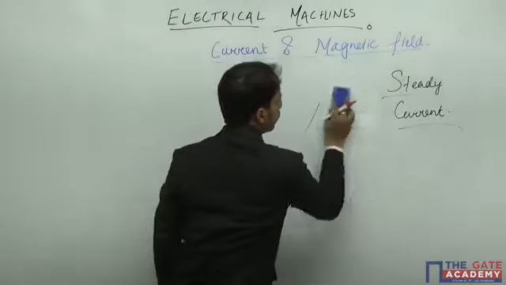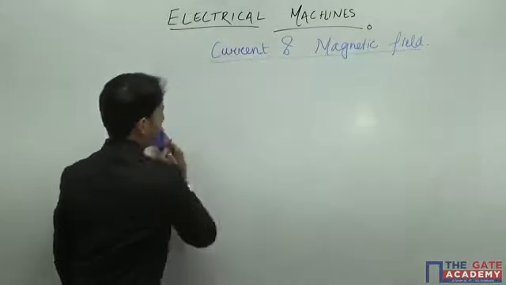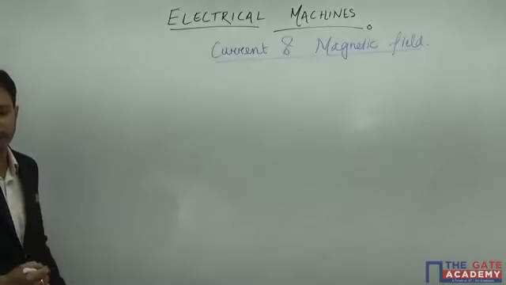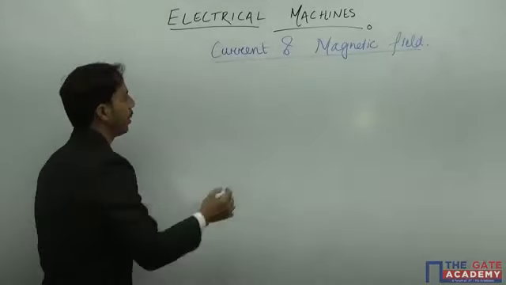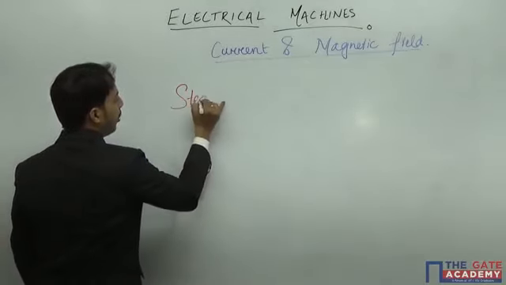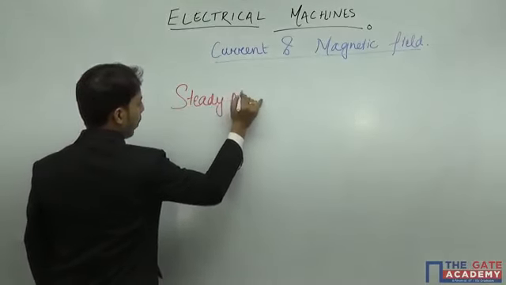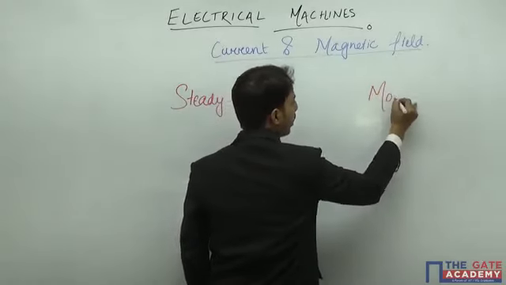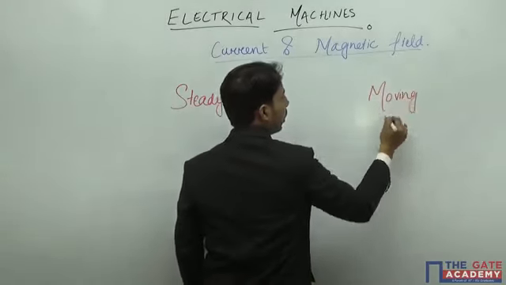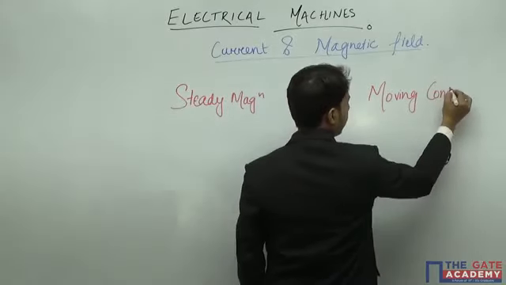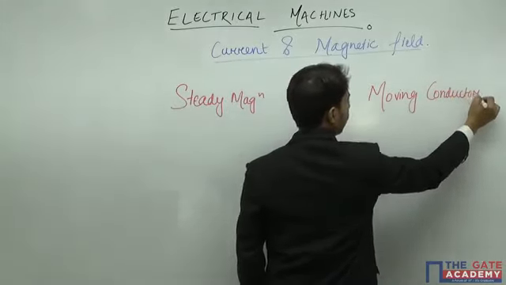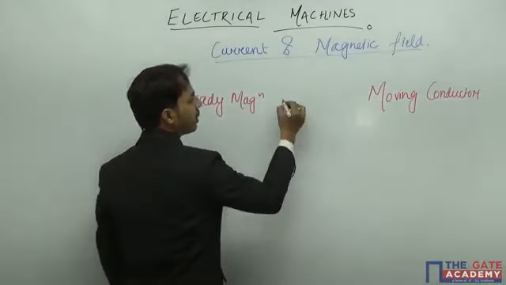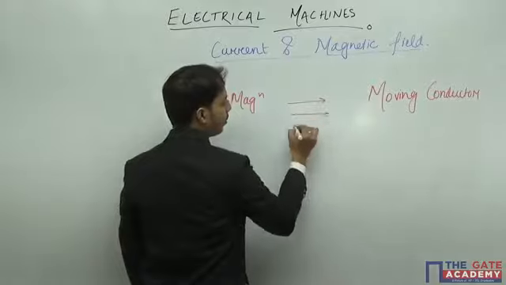So there are two states. First of all, I can write that a steady magnetic field shall produce current in a moving conductor. That means if I have a steady magnetic field and I have a moving conductor, it will be something like that.